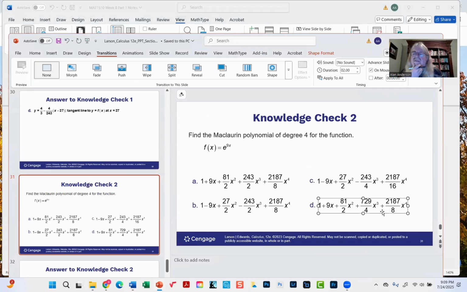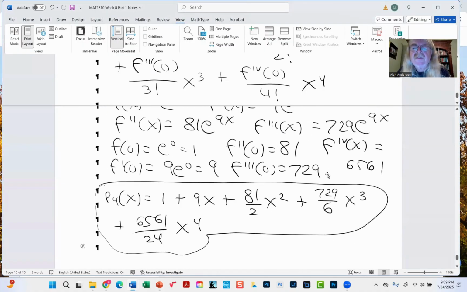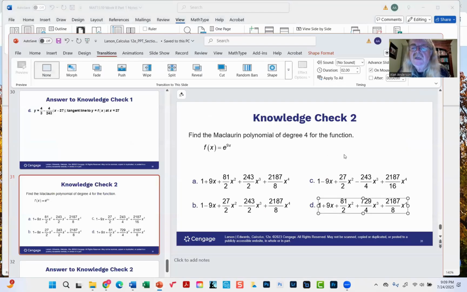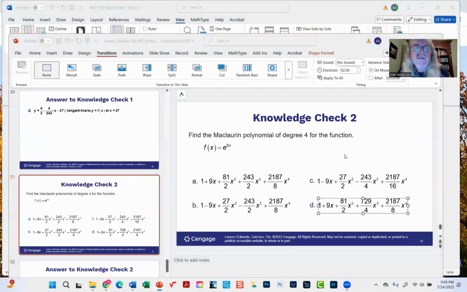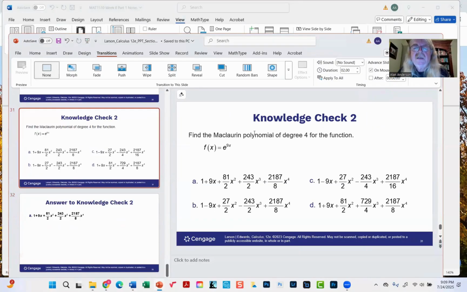What happened there? Did we do something wrong here? 3 factorial is 6. And then 2187. Wow. So they're claiming that it's A.